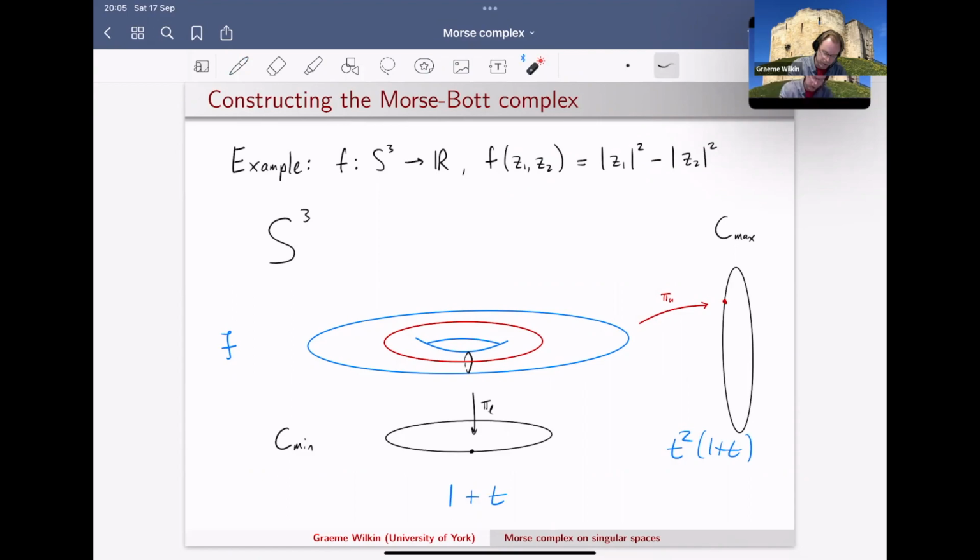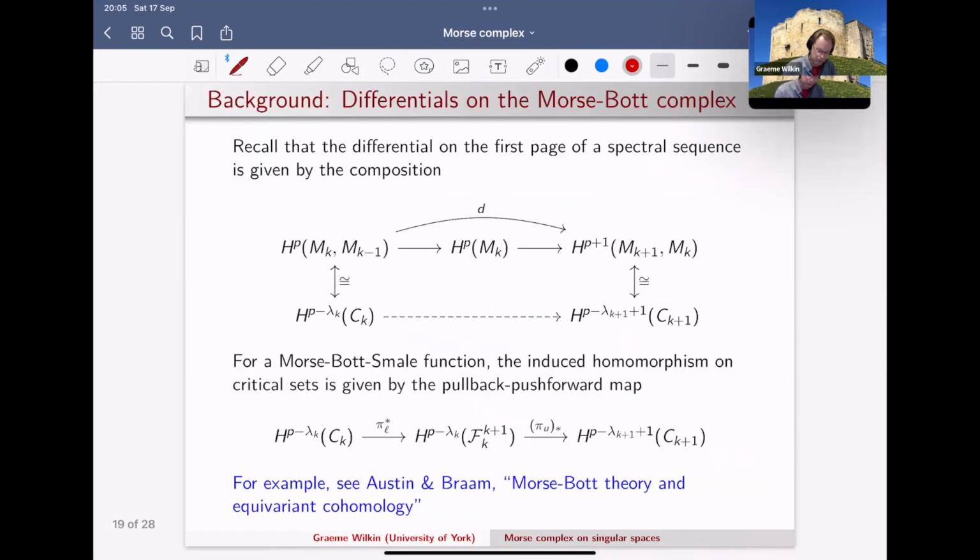Essentially, the t from here cancels out the t squared up here, and we're just left with the cohomology of the three-sphere. Okay, so that's how the differentials work in this case. The idea is you want to do this pullback, push forward construction. So what does that look like in general? In general, in terms of a spectral sequence, we can always do that.